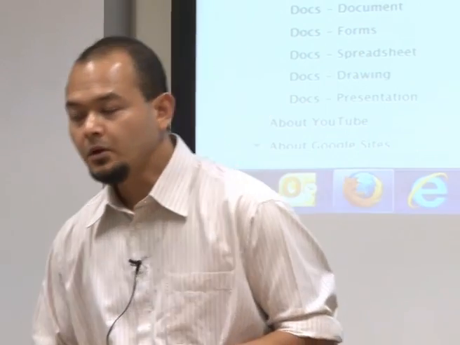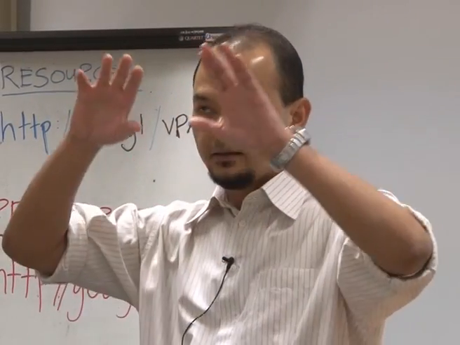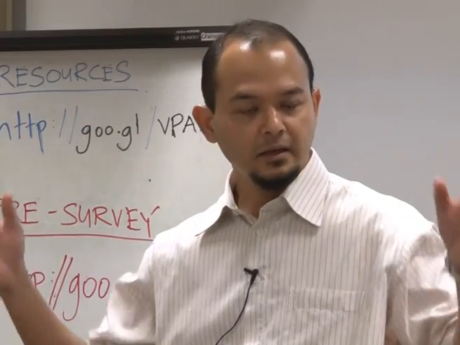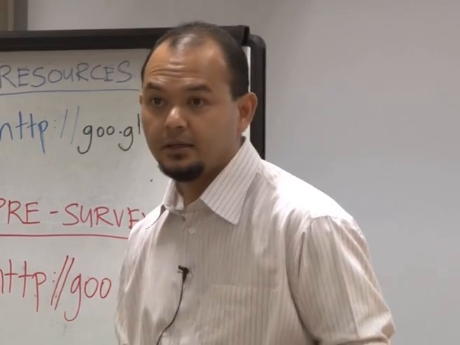Okay? So for a start, before we actually zoom into Google Forms and Spreadsheet, it is good to understand the overarching concept, the overarching Google Suite, because they work seamlessly, okay? So what happens is, I'm going to show you the overview of Google Apps.